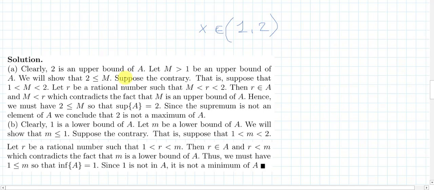Again, we'll show that 2 is less than or equal to m. Again, we suppose the contrary, and at the end we have that 2 is the supremum, and it is an upper bound of our set.